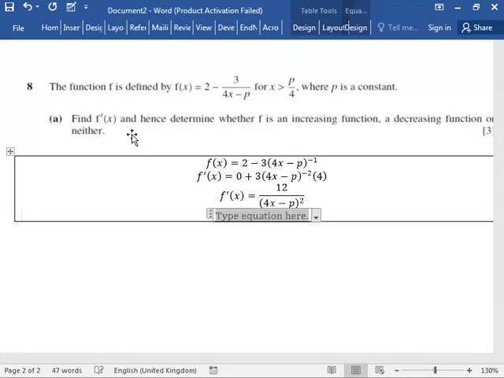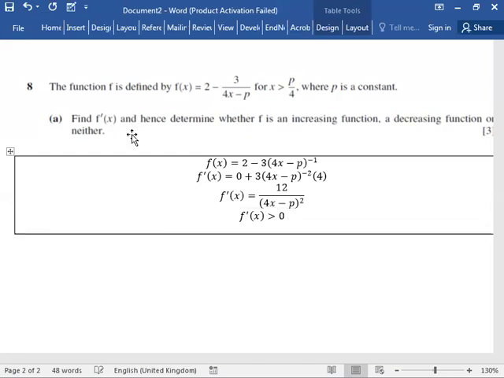So can we surely say the function is, no matter what domain we have? It could be 0, so check this carefully. What domain did it give? X is greater than p over 4. If I put x as p over 4 it would be undefined. So for the given domain, or really for all values of x, the derivative is greater than 0, so the function is increasing.